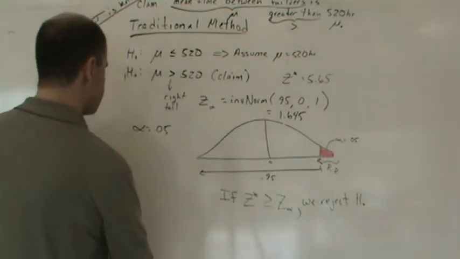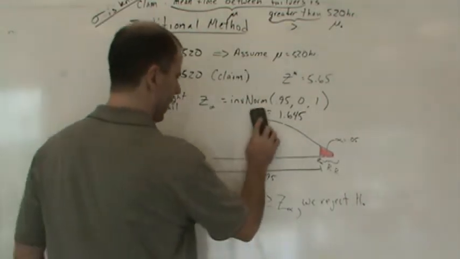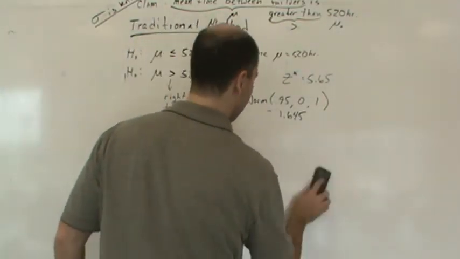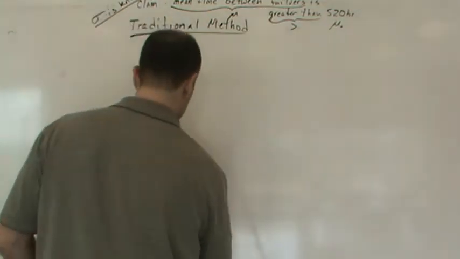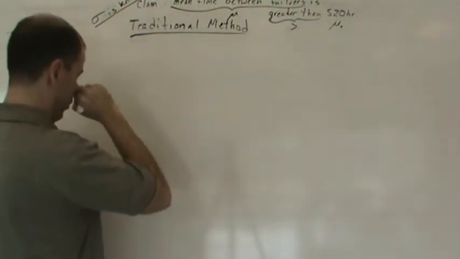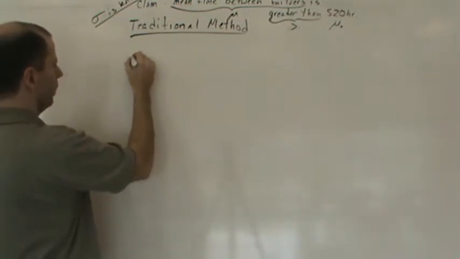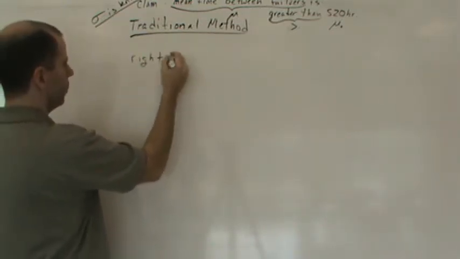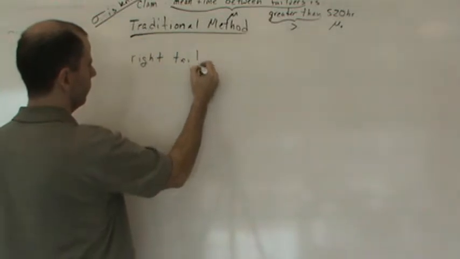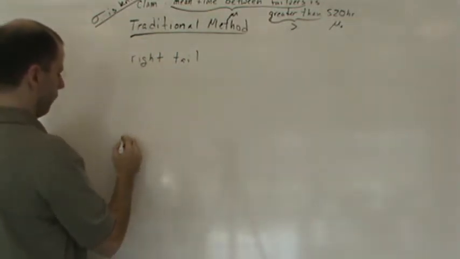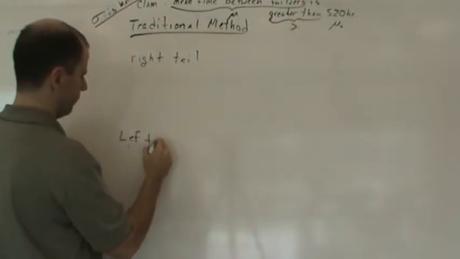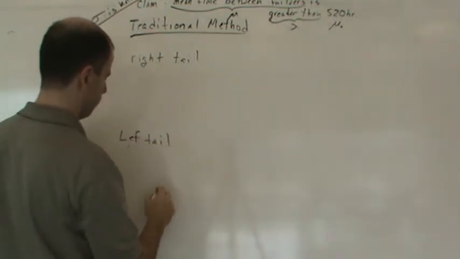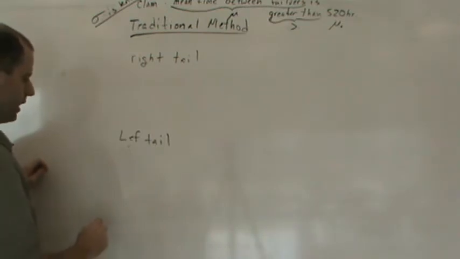Okay? So now in general, let's just talk about the different tests, the different tails. So we have the right tail, the left tail test, and then we have the two-tail test.